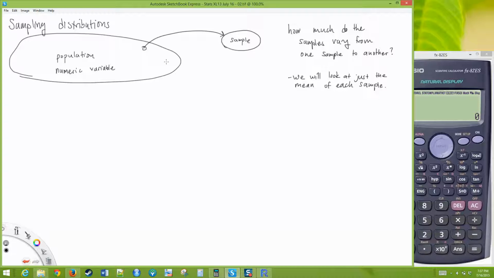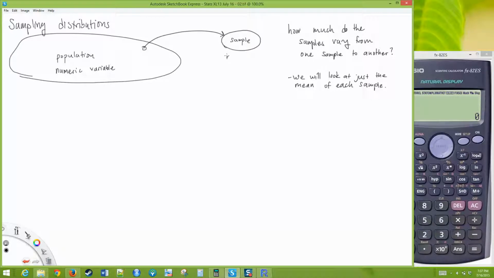To get an idea, we can try this almost experimentally ourselves, and then we can simulate this on the computer. So we're going to take the population, and draw a sample.